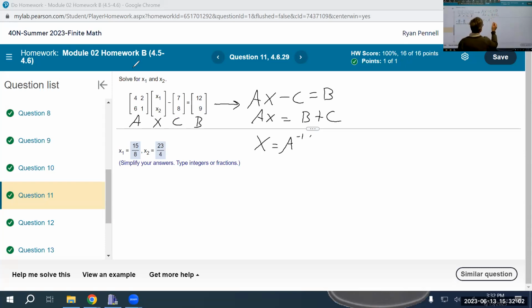A inverse times B plus C. Other than that, if the first one made sense, that one makes sense. I did it by hand, so you can certainly do it by hand. It wasn't that bad. I want to show the other ones just because they're different.